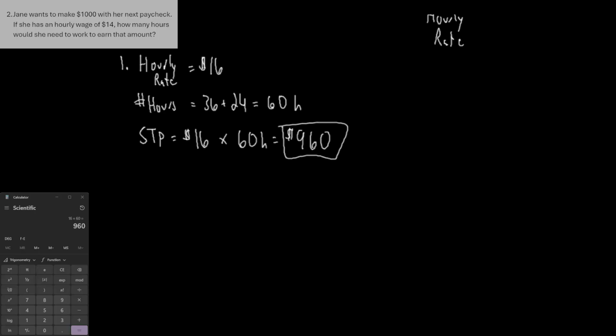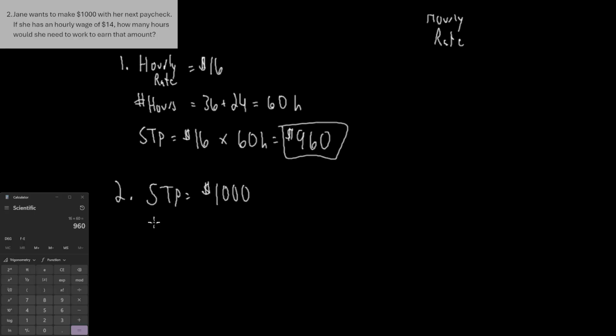Question 2 now. Jane wants to make $1,000 with her next paycheck. If she has an hourly wage of $14, how many hours would she need to work to earn that amount? So now when we read this one, Jane wants to make the $1,000. That's her straight time pay. She wants to make $1,000 with her next paycheck.